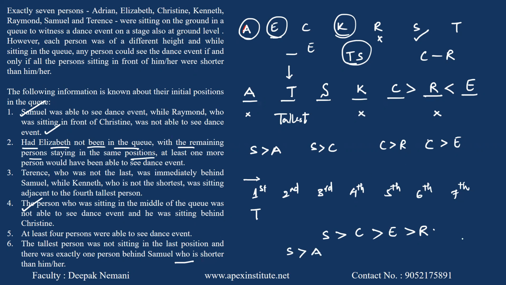And S should be taller than K as well. And since K is not able to see the program, K should be shorter than C. So S should be taller than all the other persons. So S should be the second tallest.